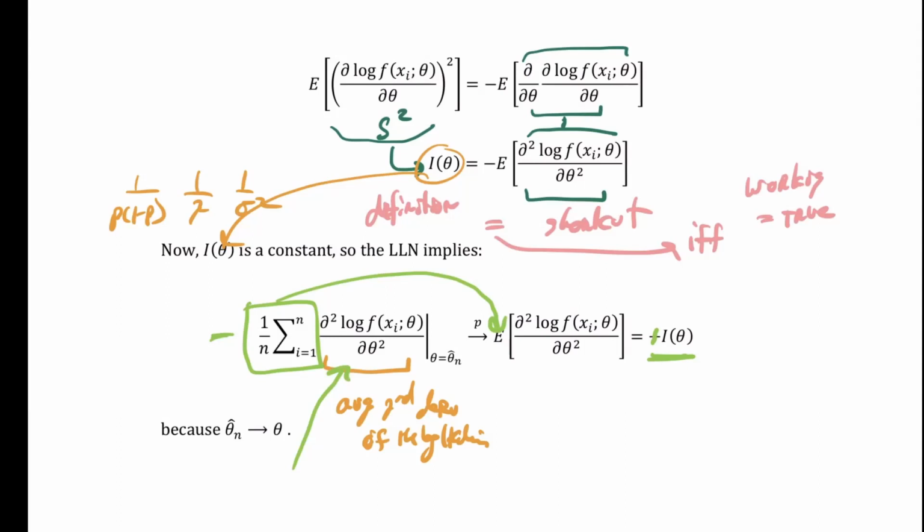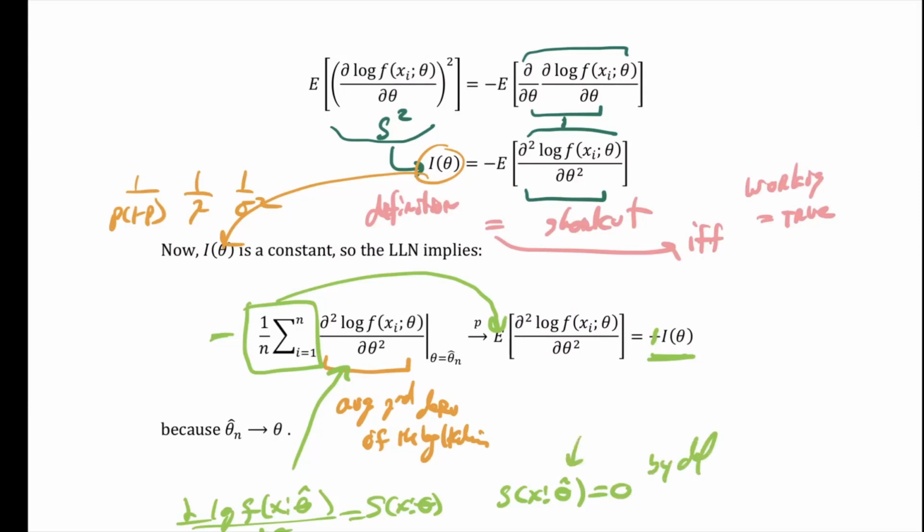Just like when we calculated the score function, log f of x partial theta, this was the score function. When we calculated the score function at theta hat, that equals 0. And that's by definition, because theta hat is the value that makes the score function 0.